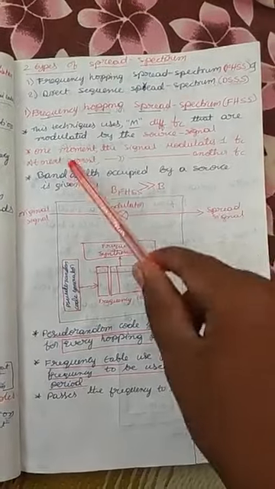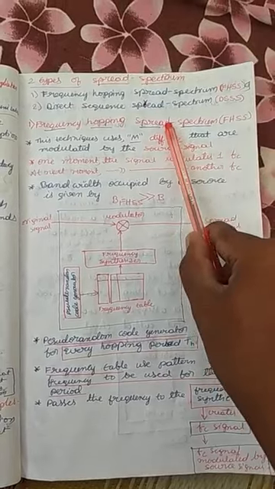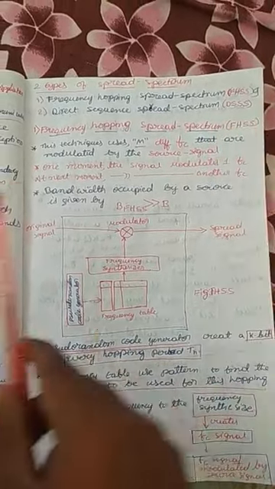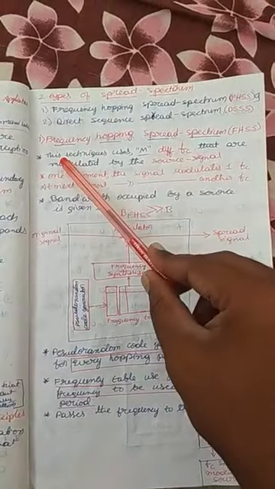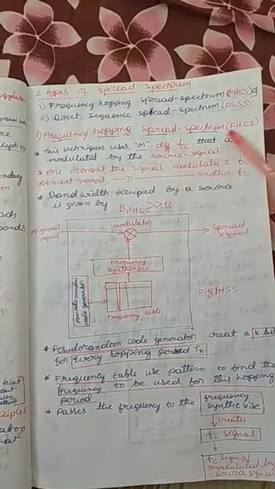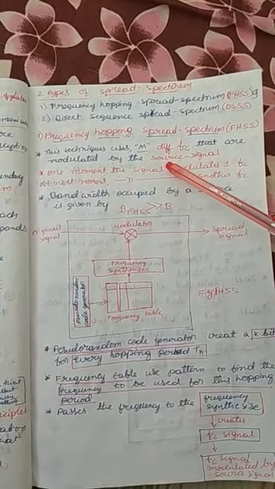First, frequency hopping spread spectrum, FHSS. This technique uses M different frequencies that are modulated by the source signal.